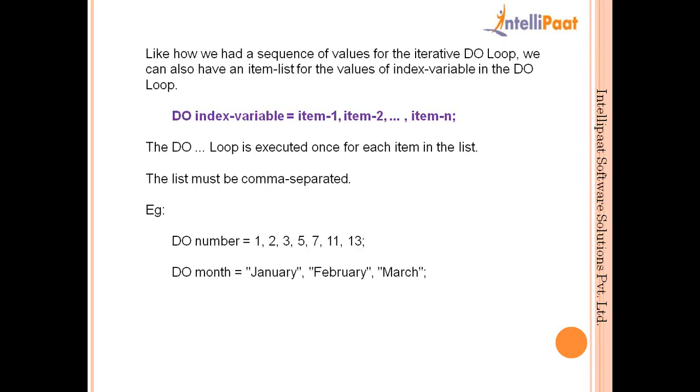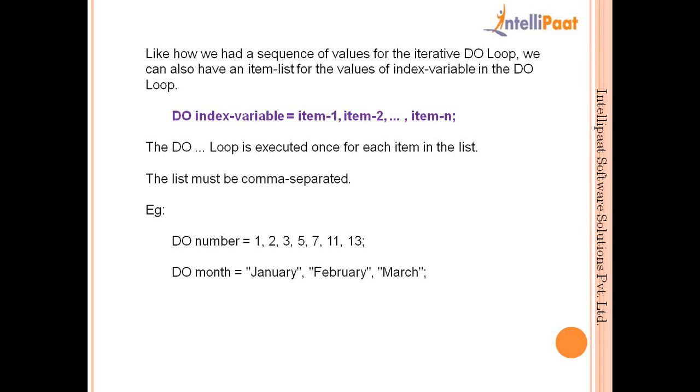Now let's see. Like how we had a sequence of values for an iterative do loop, we can also have an item list for values of index variables in the do loop. So we can have a lower bound or upper bound. Similarly, as I talked about the array concept, we can have the list of variables as well, and the loop will run for each variable in that.